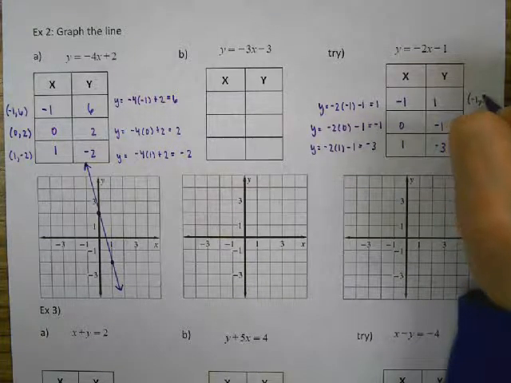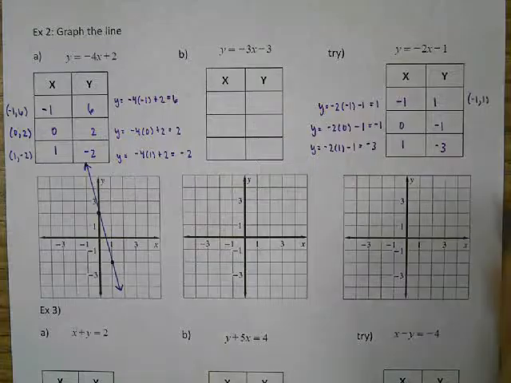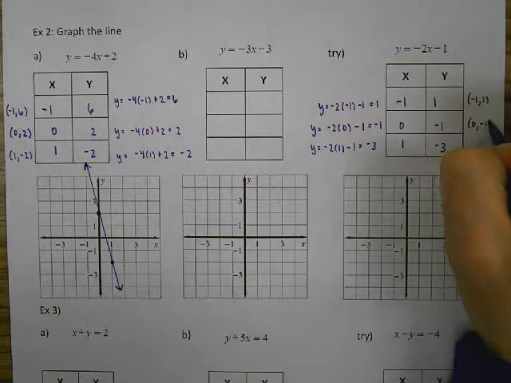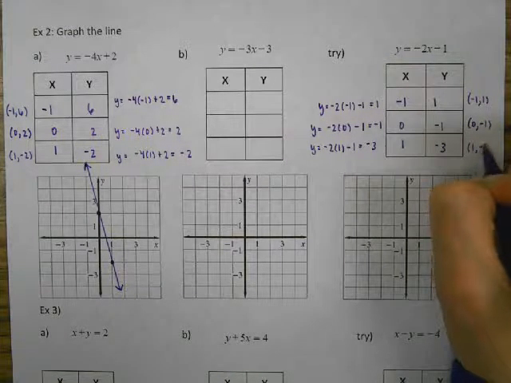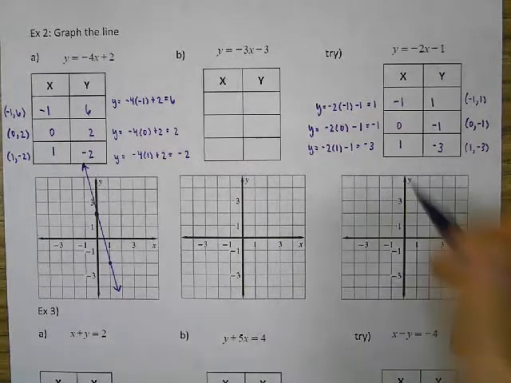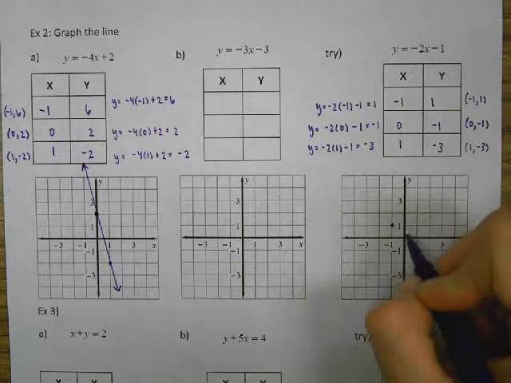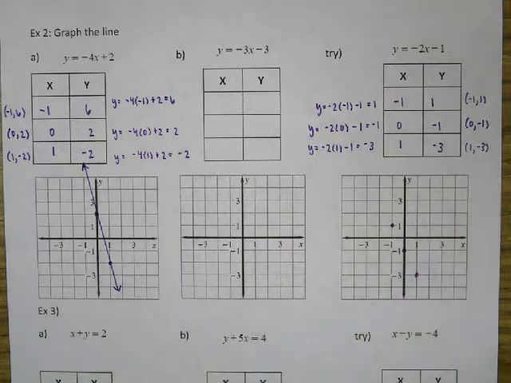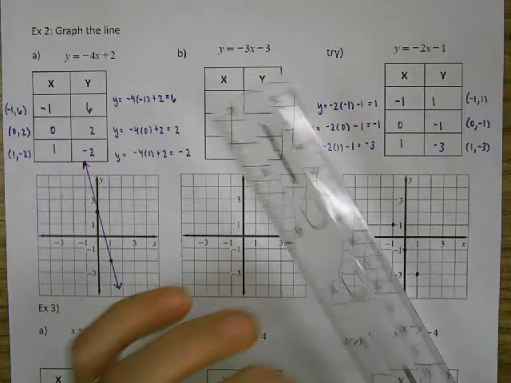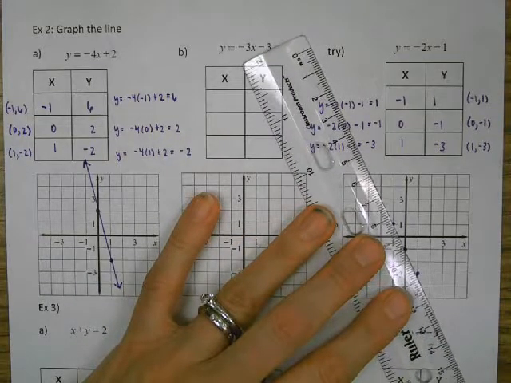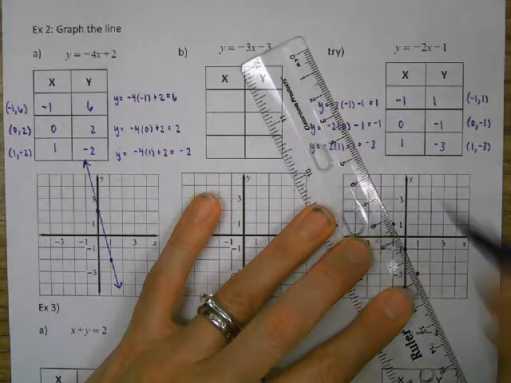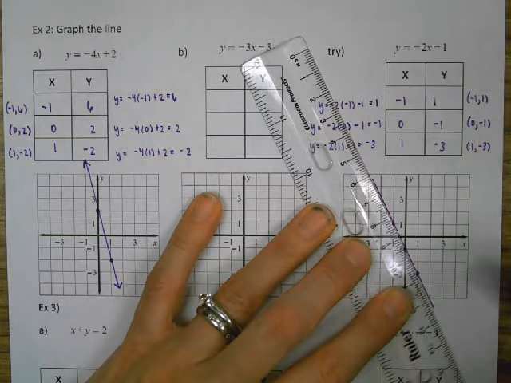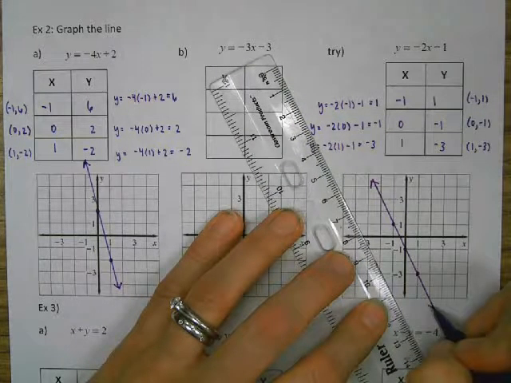So my points are going to be -1, 1, 0, -1, and 1, -3. So now we just have to plot our points and connect them up. And we have our graph.